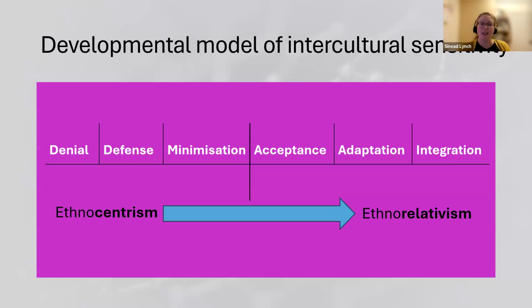The third stage is minimization. In this stage, people can see the commonality in the different types of cultures, but they might downplay it. Very common in minimization are statements like, I see everyone the same, I don't see any differences between people, or, all people are the same deep down.